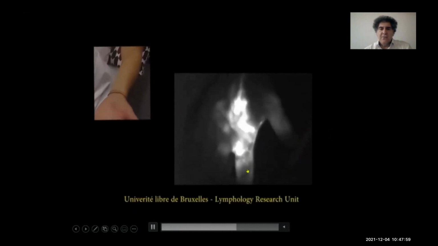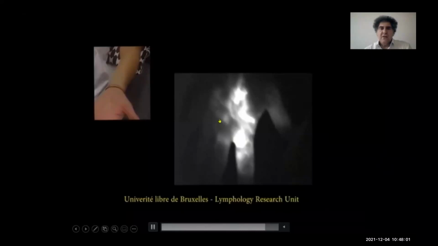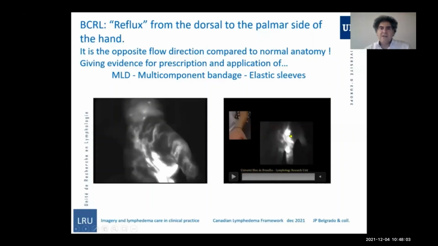This is the injection on the back of the hand. With both injections, you can see that there's a reflux in the finger here, in the index finger, and a reflux in the palm of the hand. And this lymph is going to join the deep pathways to join the lymph nodes that pass through the axilla and then join the retroclavicular lymph nodes.